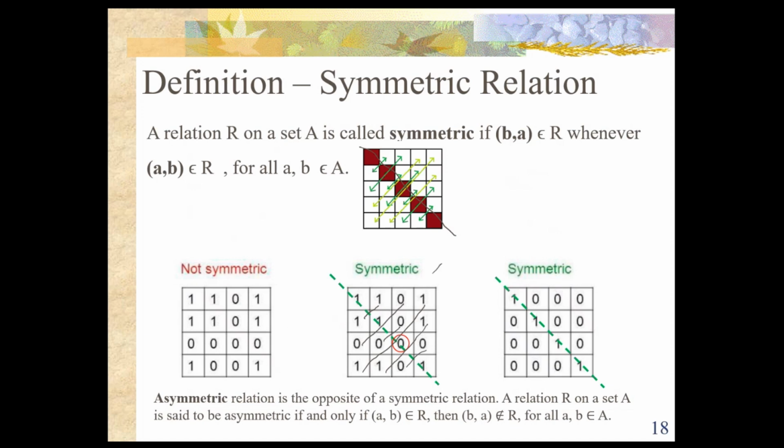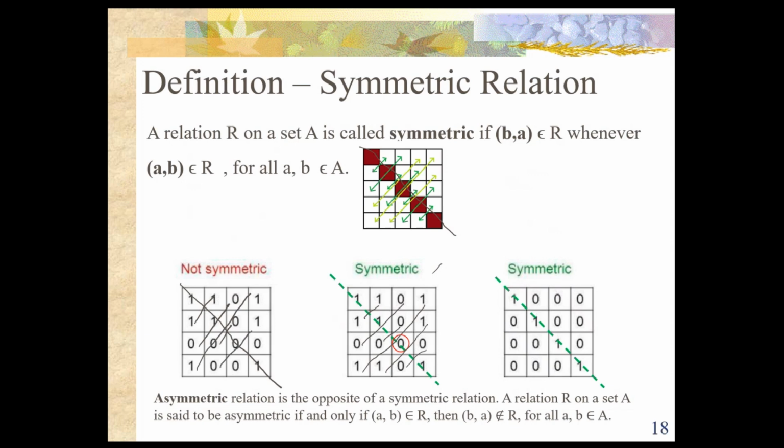But why is this first relation matrix not symmetric? Again, the first thing you need to do is draw the diagonal line, and check the counterparts. Yes, yes, yes, yes.